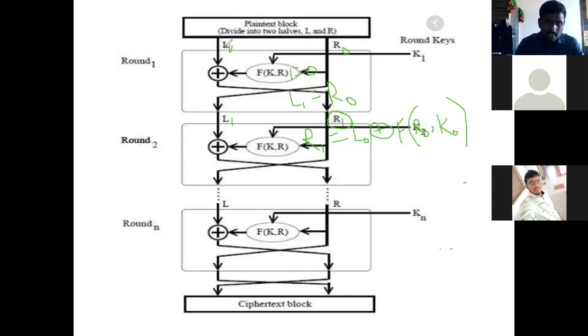This is L0, exclusive OR, F of the first key K0 and R0. You can observe here L0 exclusive OR F of K0, R0. You can write it as R0, K0 or K0, R0, no issue. So it will give you R1.